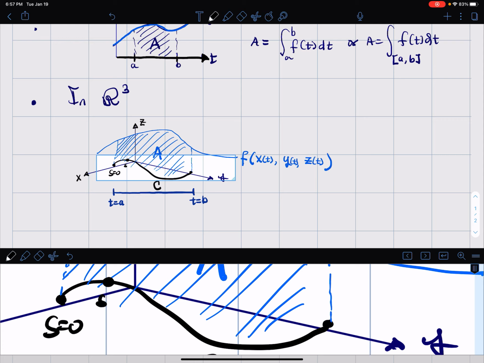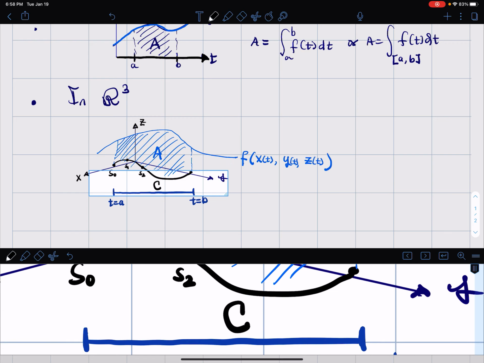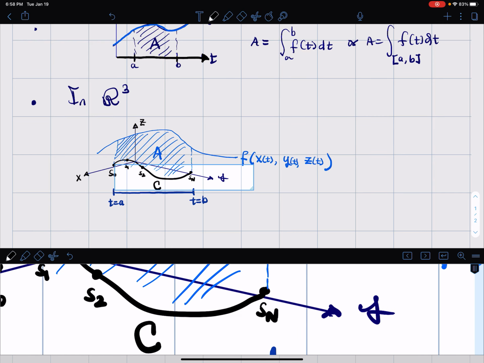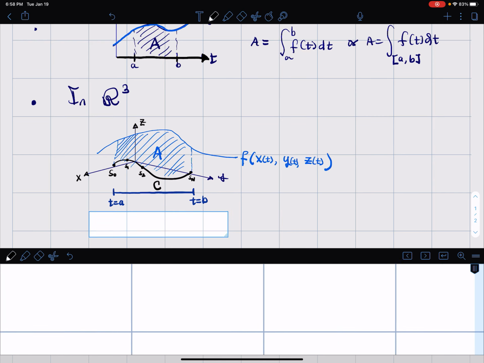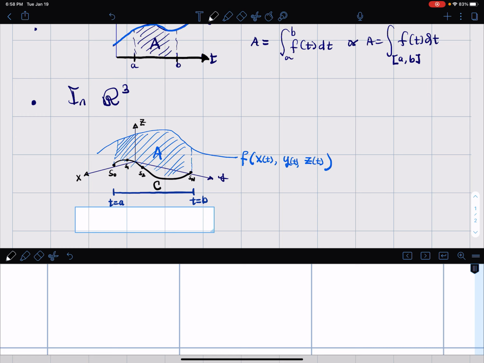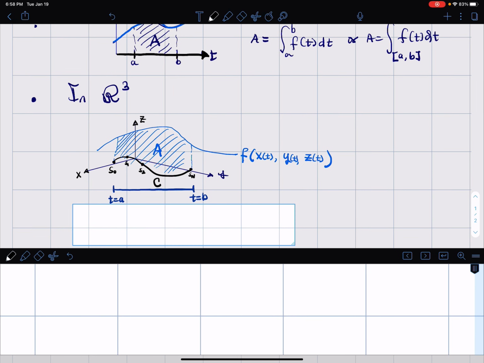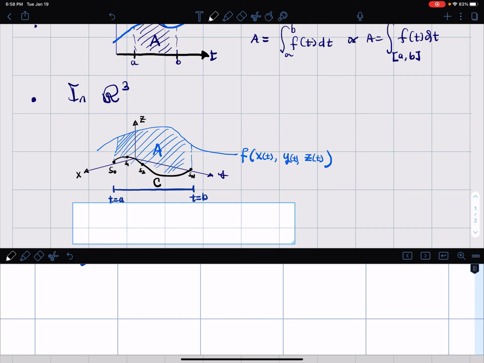So let's call this S0, let's call this S1, maybe S2, all the way until Sn, something like that. Okay, and we're still calling this curve C. Our goal is to find a way to calculate this new area A.